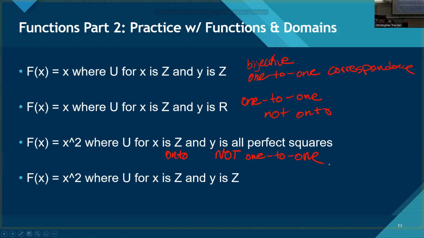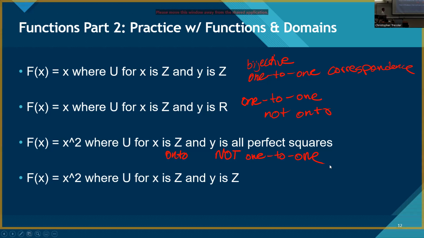It's onto because we said the universe of discourse is all the perfect squares, and if we have all the integers for x, then we can get all of the perfect squares. However, this is not one-to-one because -2 and 2 give us the same value.